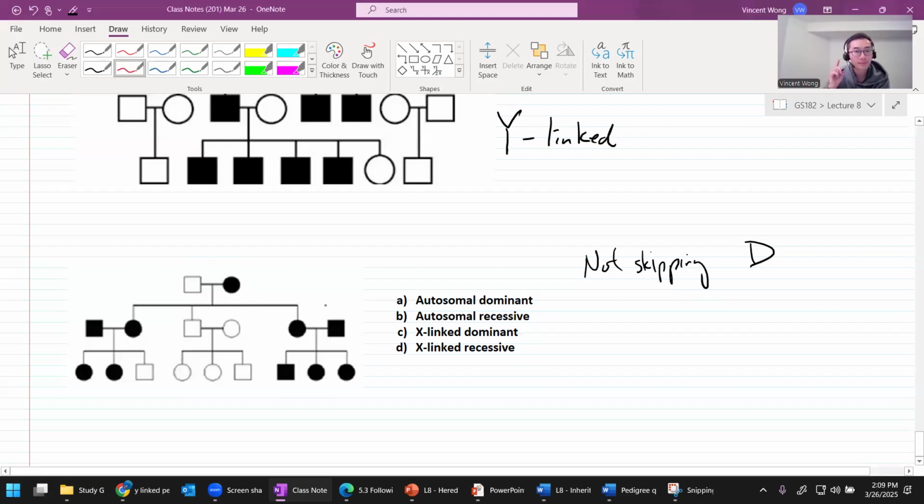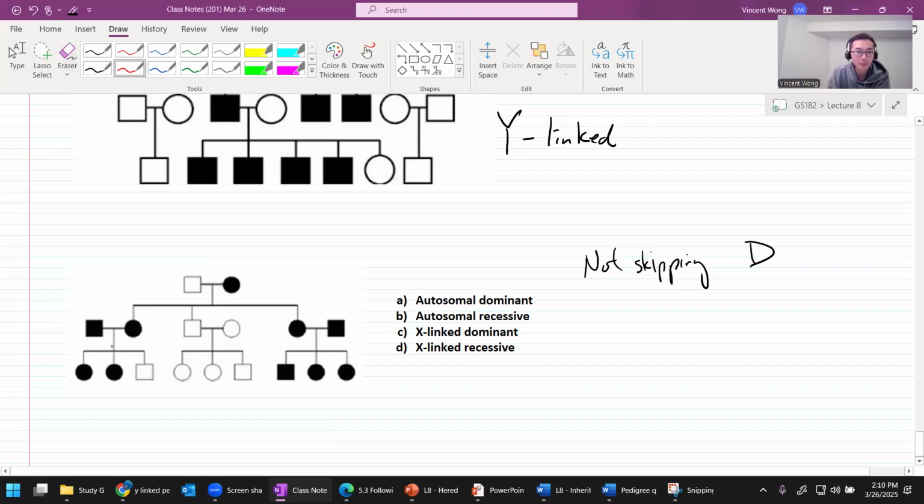Are they though? More females affected than males? It seems that way. But then we look for the giveaway: if you see father to son, then it cannot be X-linked. But we don't really know here, because it could be mother to son. We can't say 100% it's from the father here.